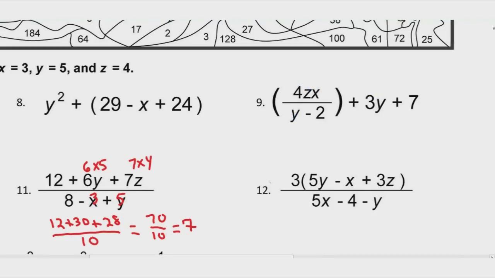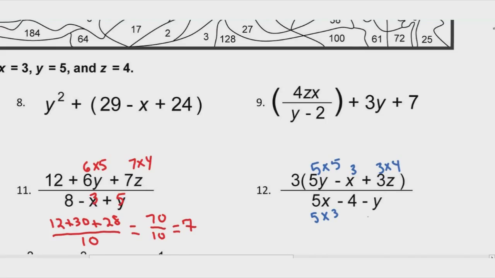And problem 12, we have multiplication, parentheses, adding, subtracting, dividing. So let's put this together. We have y, so this is going to be 5 times 5. We have x, which is going to be 3. And we have 3z, which is going to be 3 times 4. Then we have 5 times x, which is going to be 5 times 3.